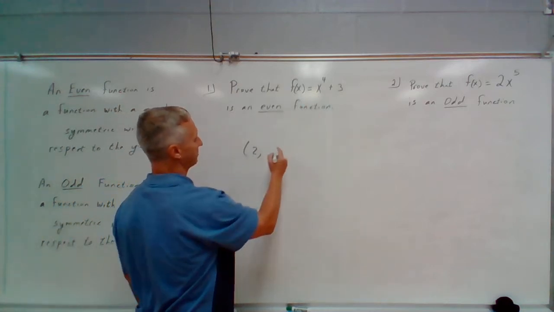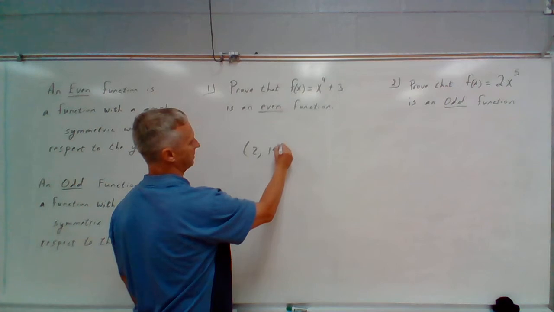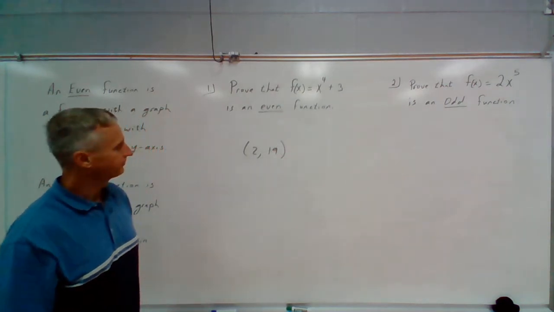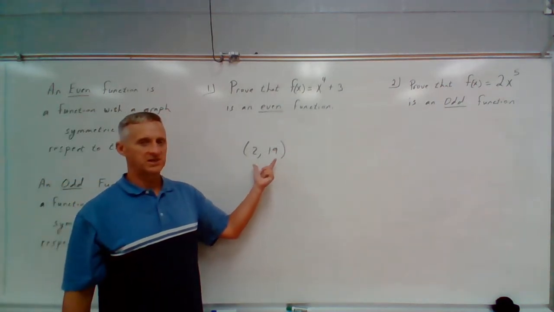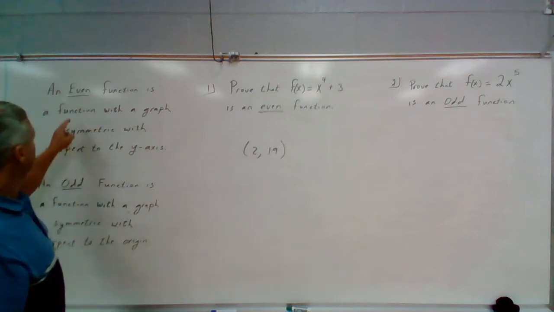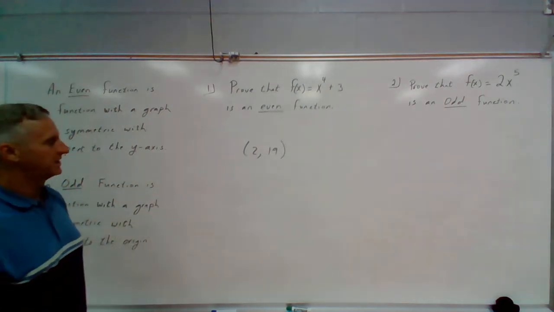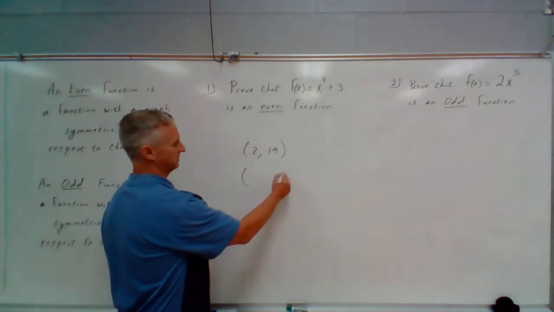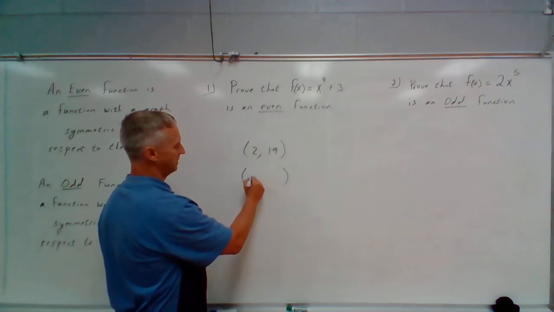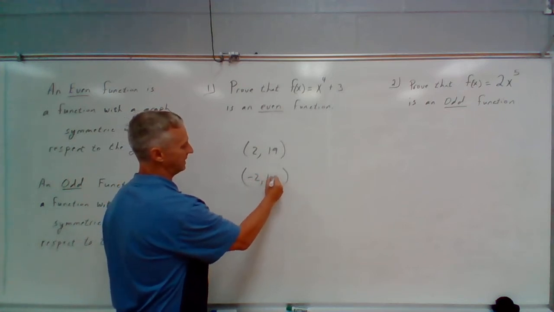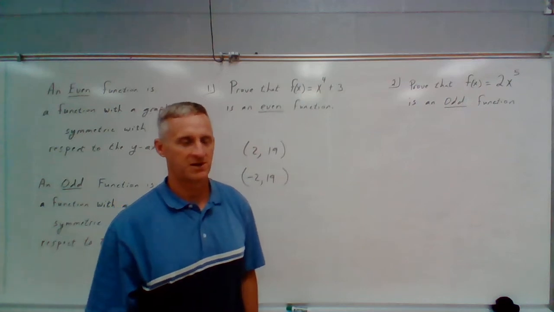So I got 16 plus 3, that gives me 19. In order for this to be an even function, it has to be symmetric with respect to the y-axis, which means that the point (-2, 19) has to be on the graph.